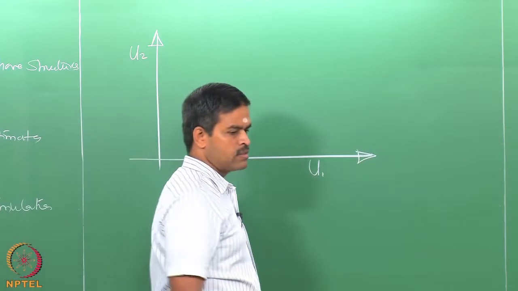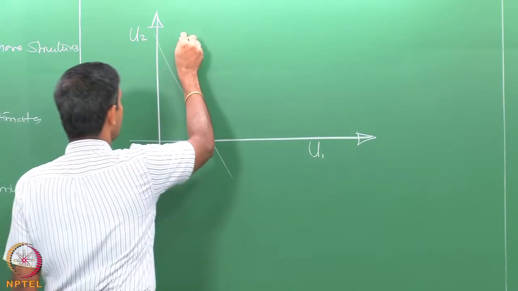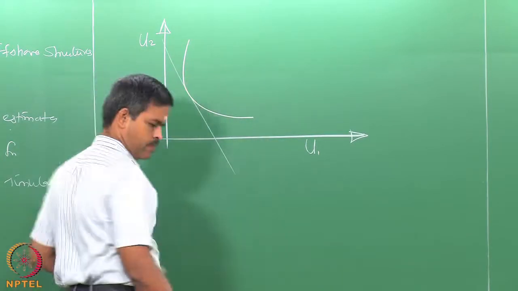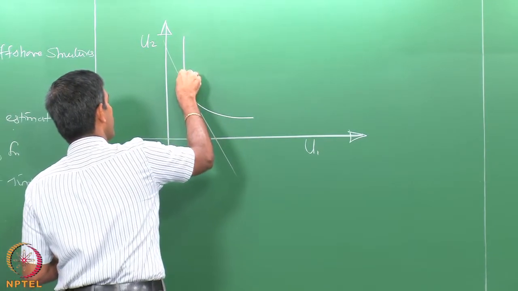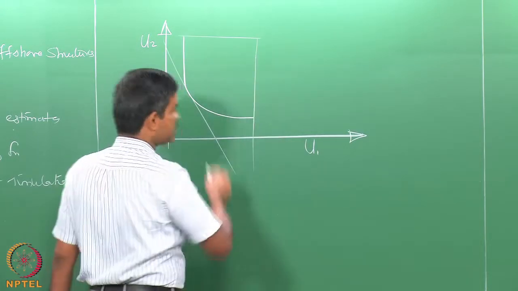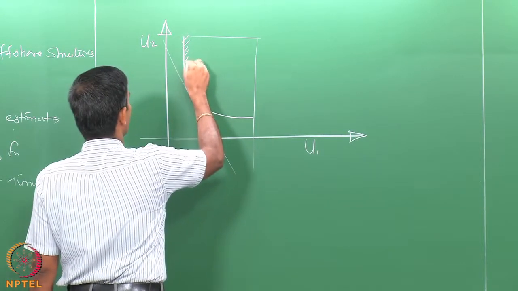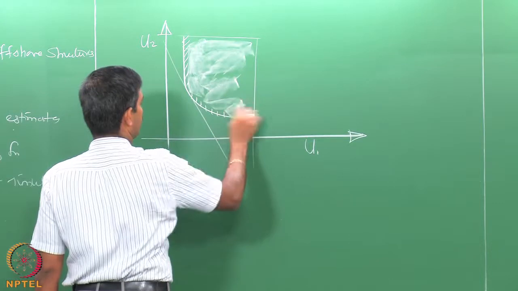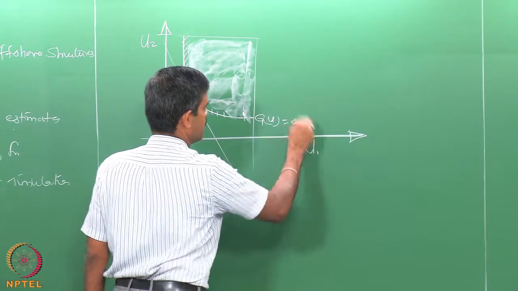We already said to improve the efficiency, so this is my failure envelope, which I call G(U) = 0.